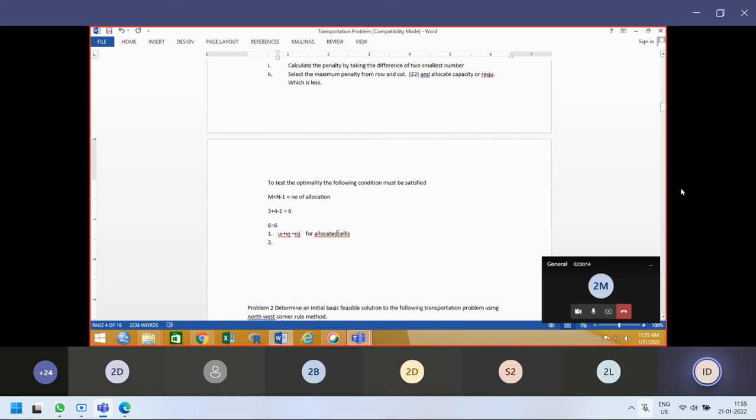So for allocated cells, the formula is Ui plus Vj minus Cij, and for non-allocated cells, the formula is Cij minus Ui plus Vj. Non-allocated is Cij minus Ui plus Vj. I will check both formulas.